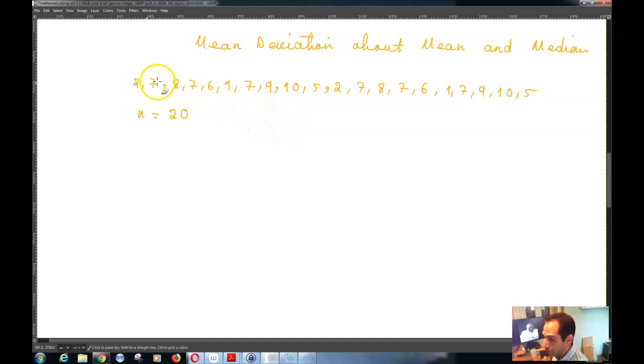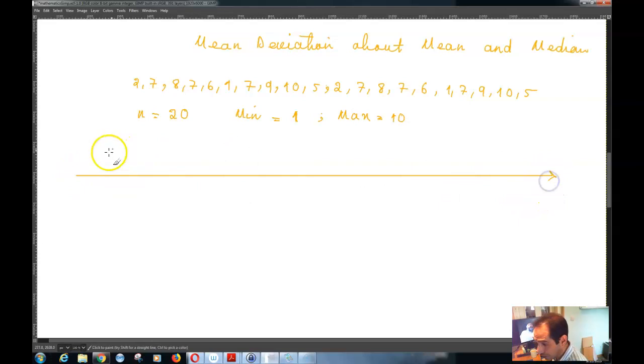Now the mean deviation about the mean and about the median, what that means is this. The minimum of these observations is 1, and the maximum is 10.